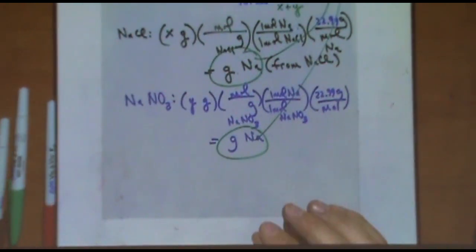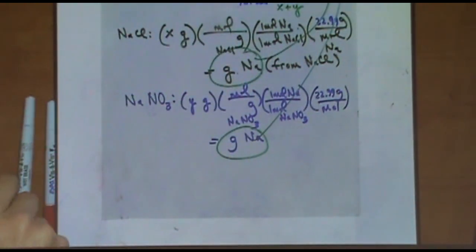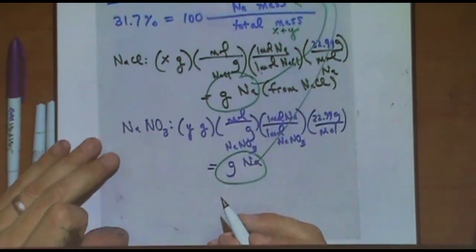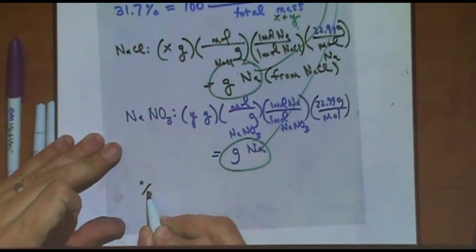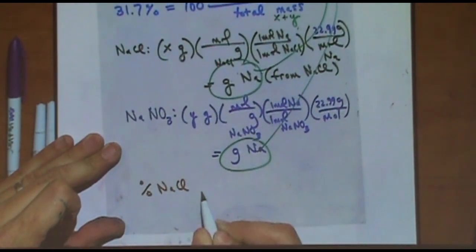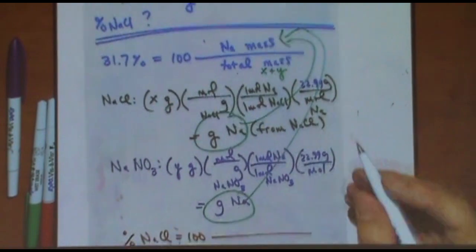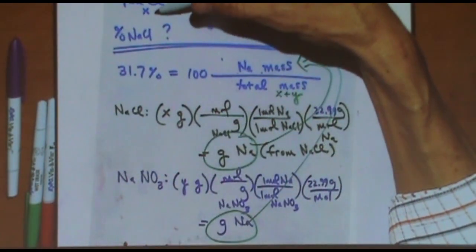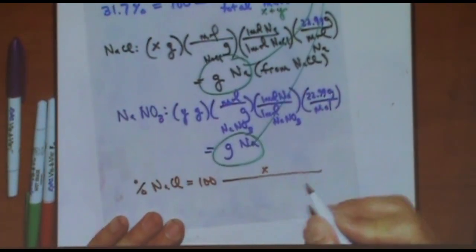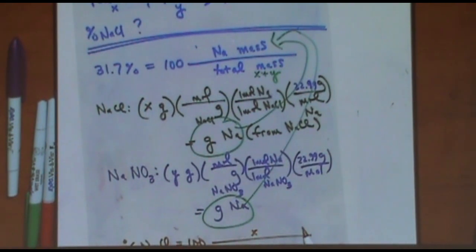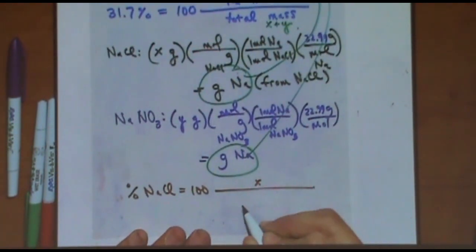Then, let's get a different color. The percent of sodium chloride is 100 times the mass of sodium chloride, which is X, over the total mass, which is just X plus Y. So you always multiply by 100.